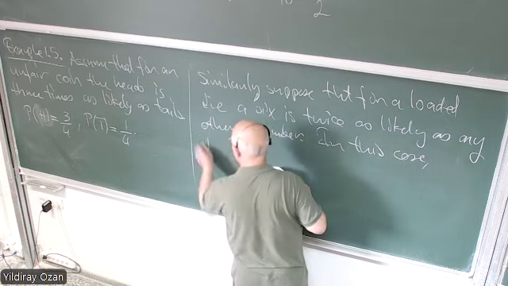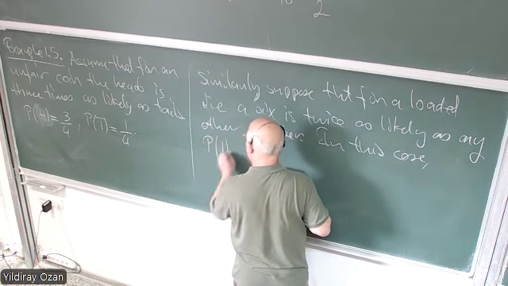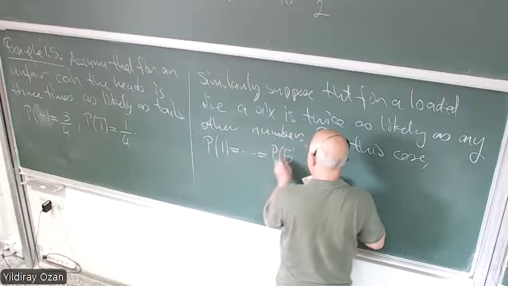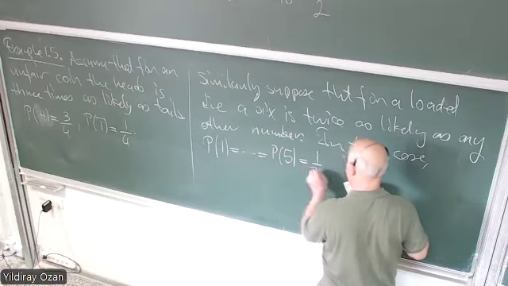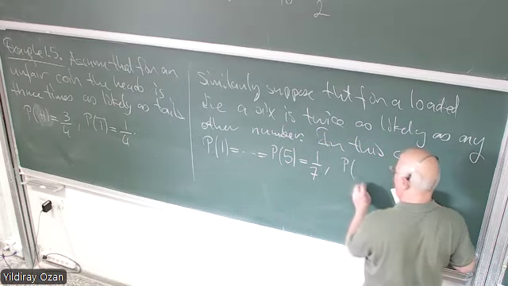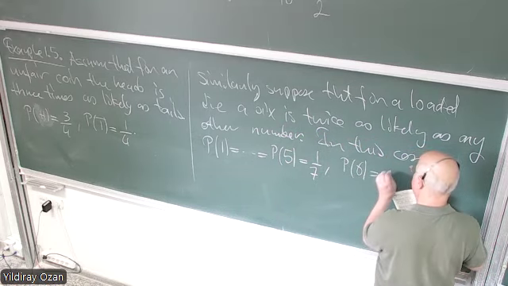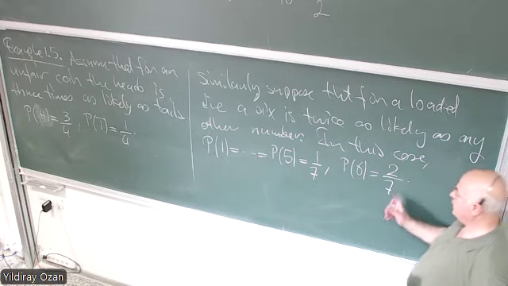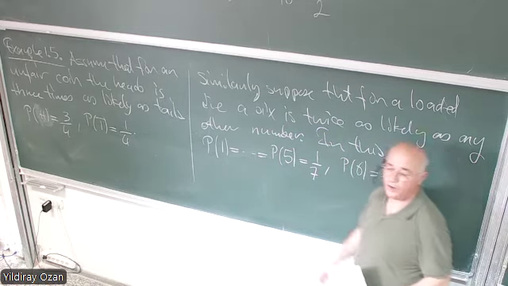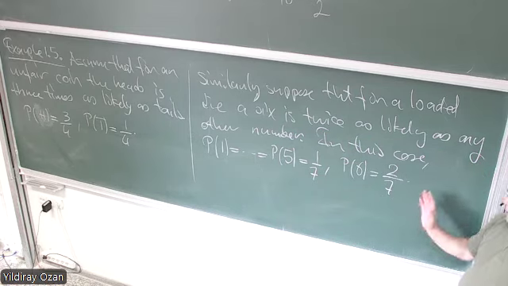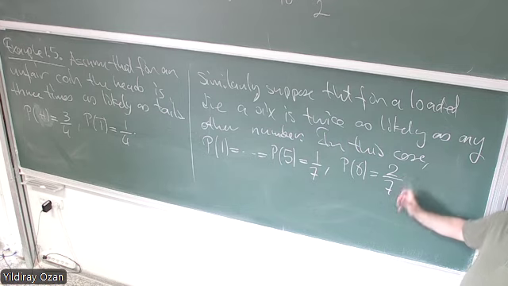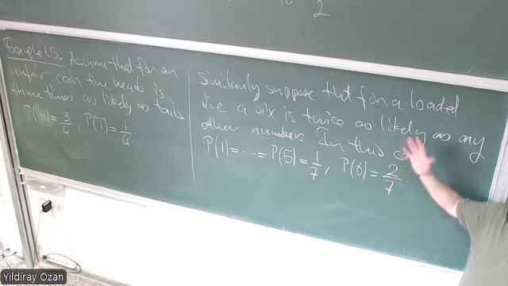So the probability of 1 up to 5 is 1/7, and P of 6 is 2/7, so that this probability is twice any other probability, and the sum is of course 1. We come up with these numbers using the axioms.